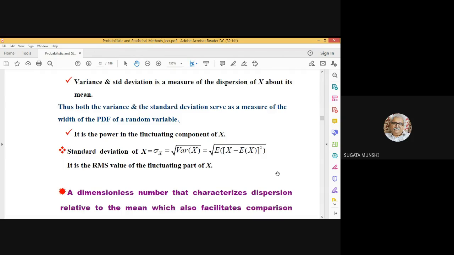We introduce the dimensionless version of variance so that by using this dimensionless variation, we can compare the variance of unlike physical quantities, like physical quantities as well as unlike quantities.